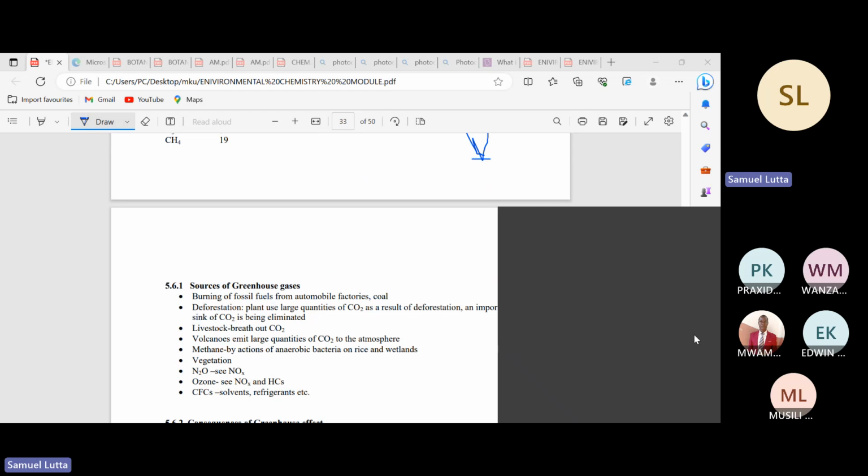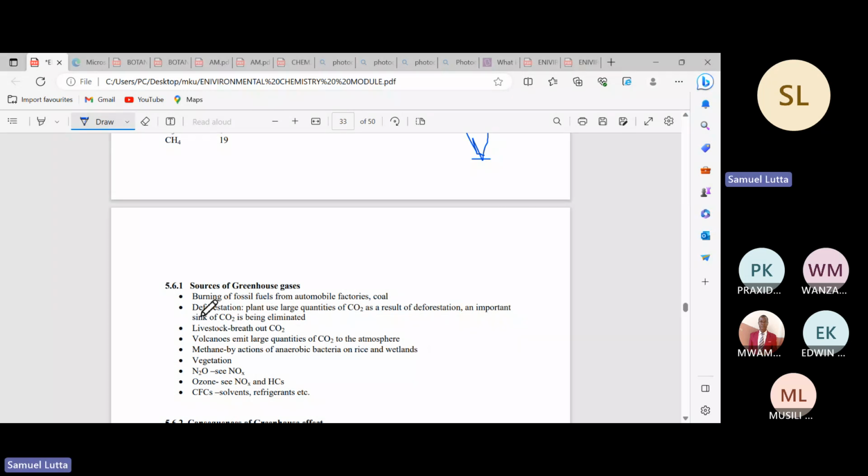We said when you cut down trees, this will lead to an increase in the concentration of carbon dioxide, because plants use CO2 to form food, so CO2 is consumed. If we don't have plants, they will not be able to take in CO2, and the concentration is likely to increase.